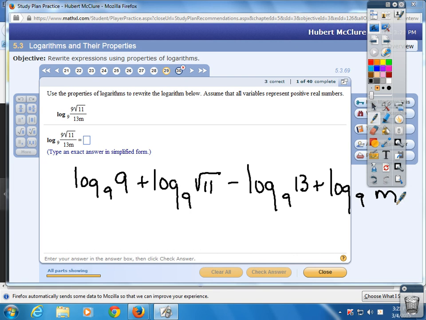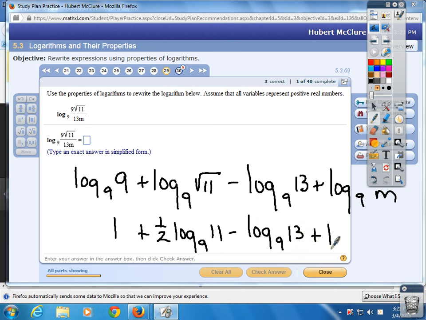What's this? Good job. 1 plus 1/2 log base 9 of 11 minus log base 9 of 13 plus log base 9 of m. That's probably going to be your answer.